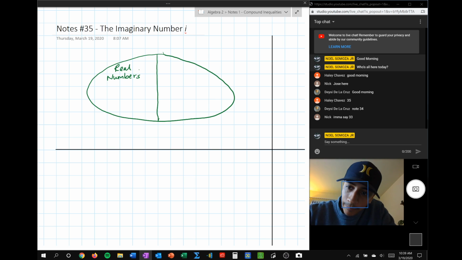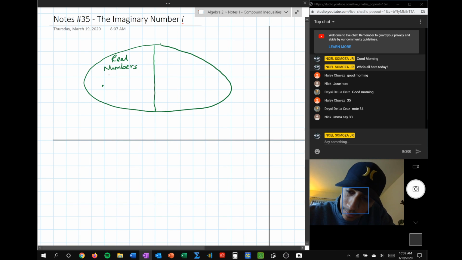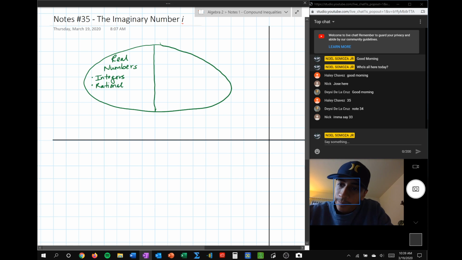Okay, so integers, we have rational numbers. Rational numbers are like fractions. You have your irrational numbers, numbers that don't exist as fractions, but basically anything else.